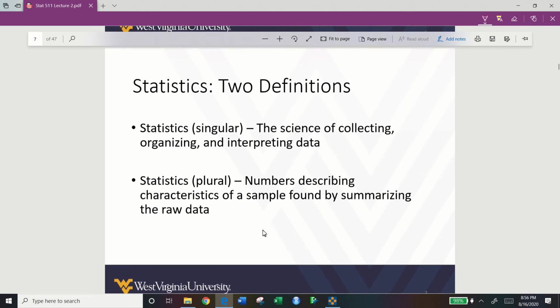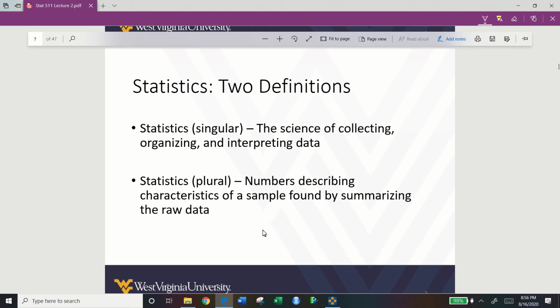Now, if you recall, the very first informational slide in the first lecture, I gave you a definition of statistics, singular, which was the science of collecting, organizing, and interpreting data. Statistics also has another word, which is the numbers describing characteristics of a sample found by summarizing the raw data.